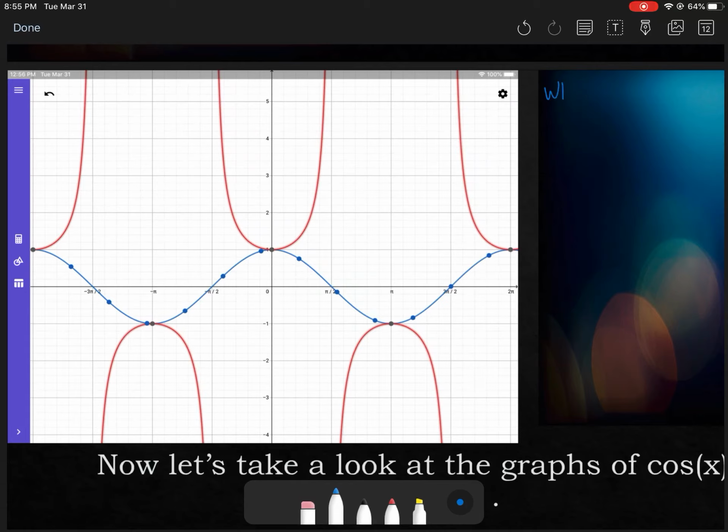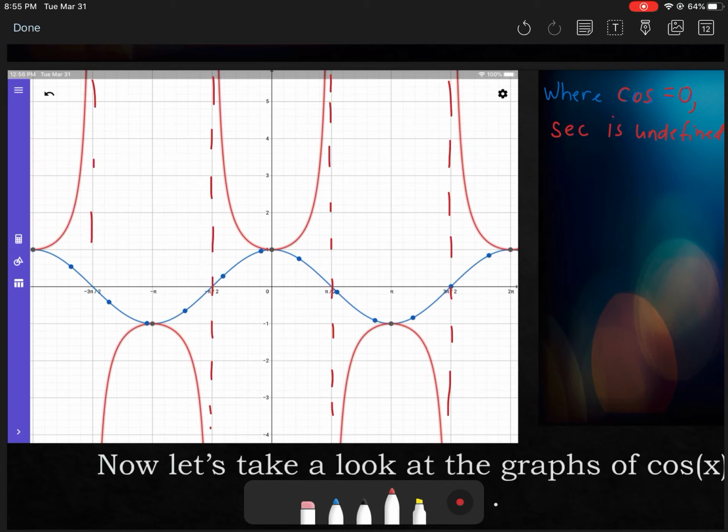Where cosine equals 0, secant is undefined. Okay, so looking here, we've got asymptotes here, here, over here, and over here.